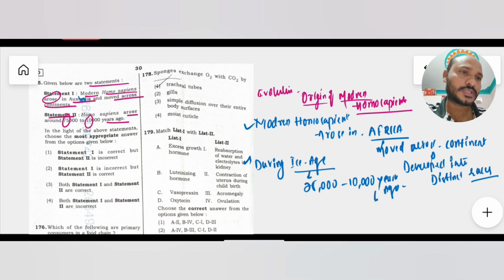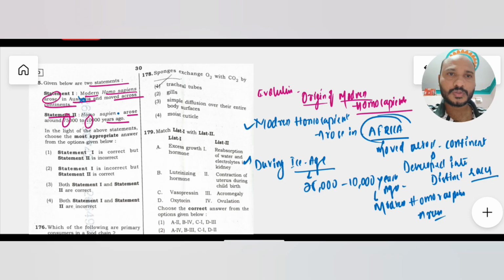So the first statement is wrong, because here the statement gives Australia, but generally modern Homo sapiens arose in Africa, and Homo sapiens arose around 75,000 to 10,000 years ago.